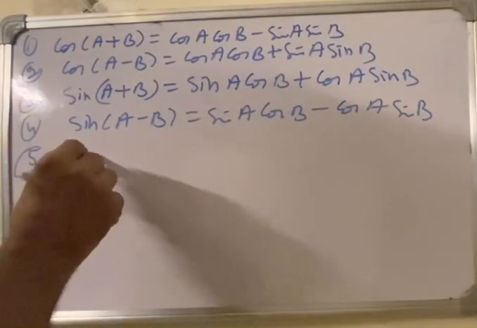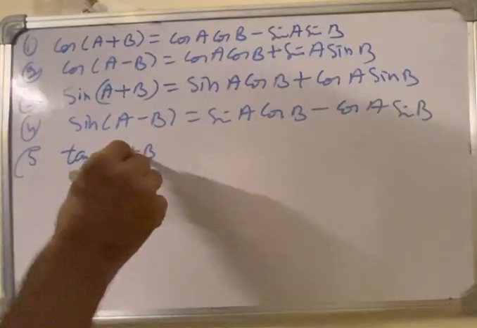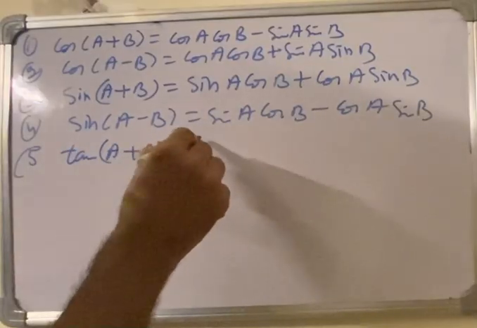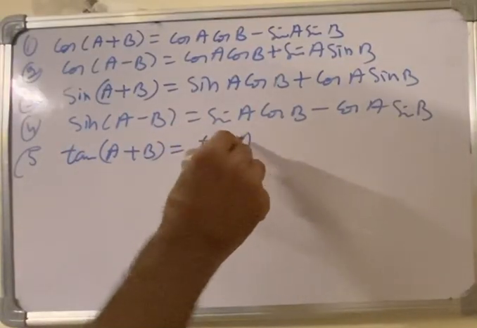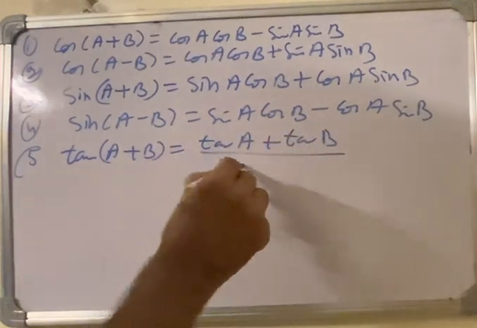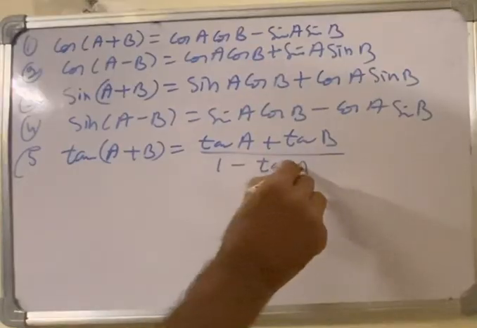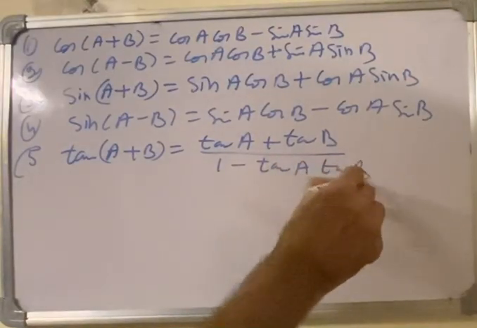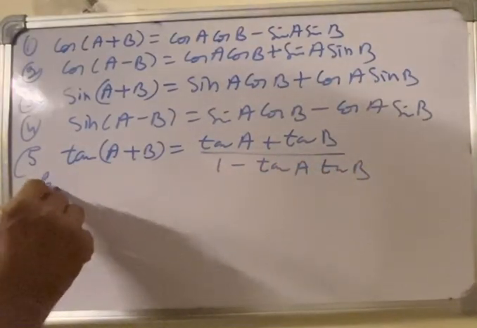Tan A plus B is equal to tan A plus tan B over 1 minus tan A tan B. We can prove it.